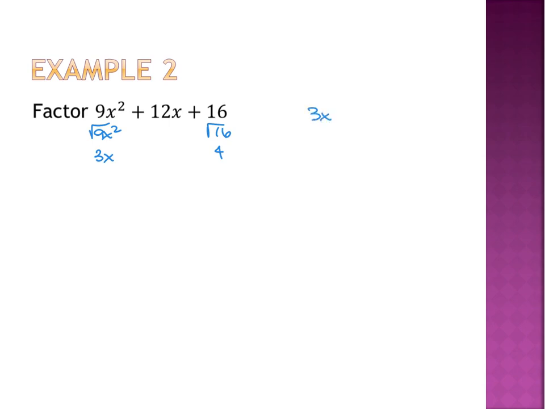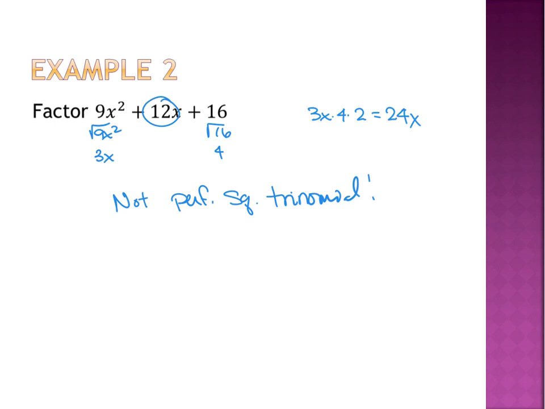So I take that 3x, multiply it by 4, and then double it. 3x times 4 is 12x, times another 2, is going to give me 24x. Because I do not have the same middle term as what I have here, this is not a perfect square trinomial, and this polynomial cannot be factored.